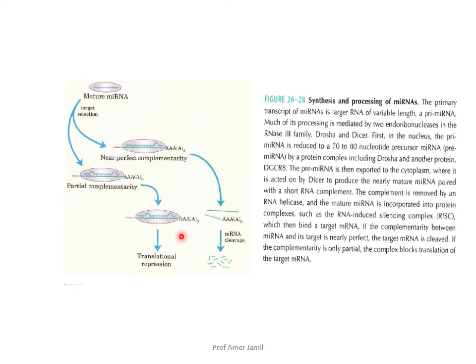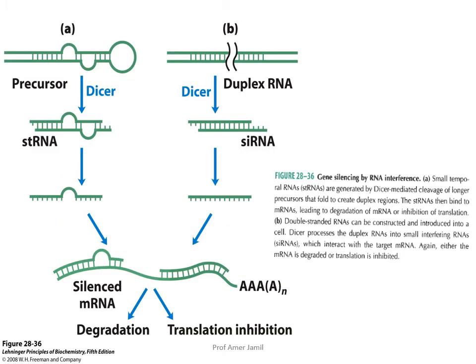A similar type of mechanism is also done in vitro. You might know about the RNAi technology, but if we do that by ourselves, that is RNAi. Here is the example of microRNA and how they play their role. In vivo, we call it microRNA. Here's a comparison of the two.